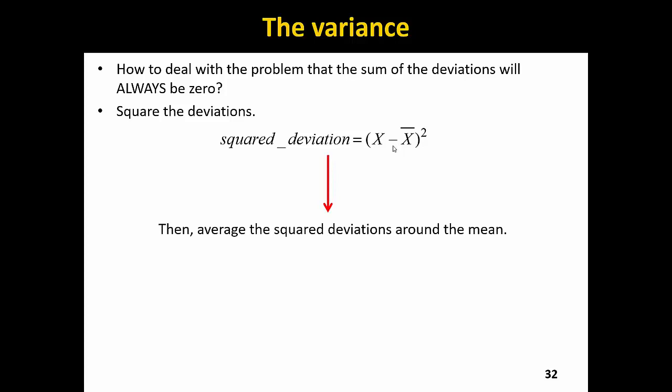And so then we average the squared deviations around the mean. So what we do here is we take each squared deviation term for each participant, and once again we have our sigma symbol here, so we're going to add up all of those terms and divide by the sample size, and our example is 5, and this is something called the variance.